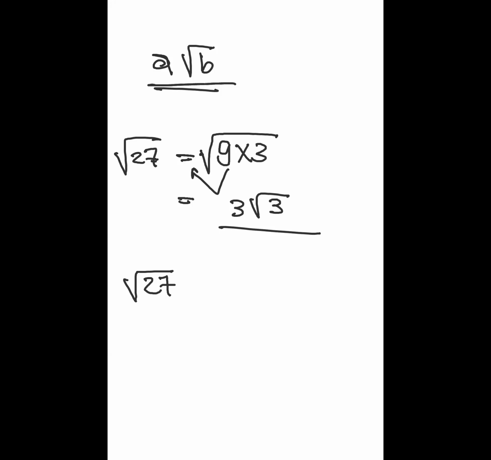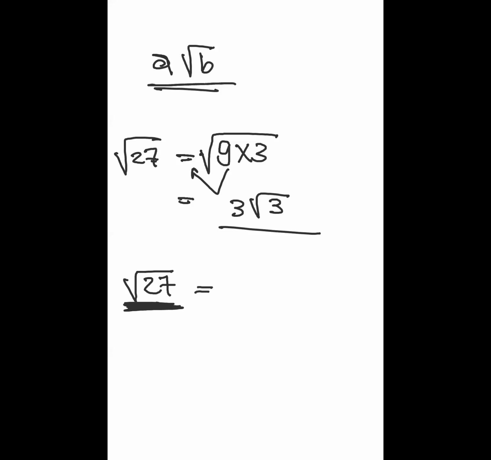Which LCM? This is only one number. So which LCM? 3 will do 3 and 9, then 2 and 3. It will be also the same number. So who said that 3 and 9 means the LCM? No, don't have to explain it.